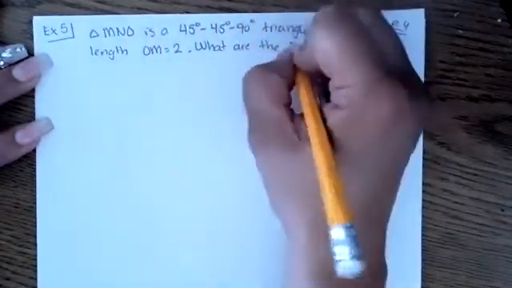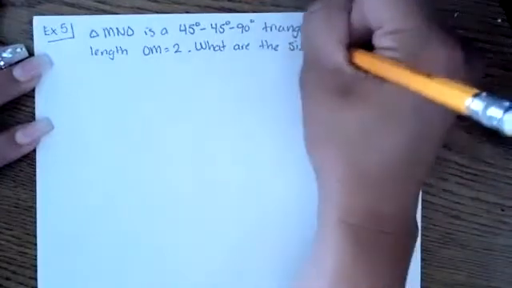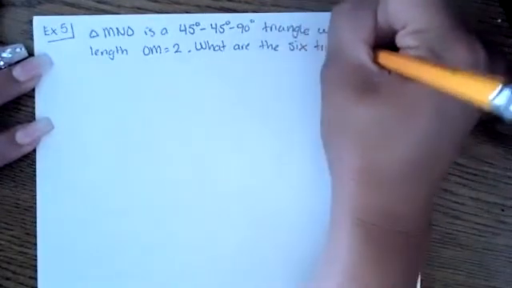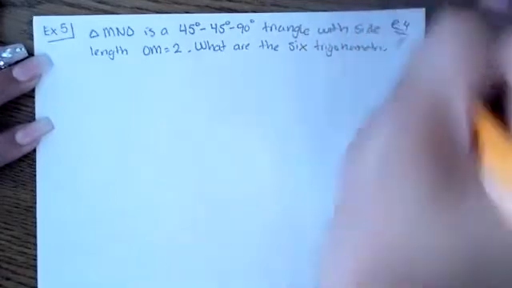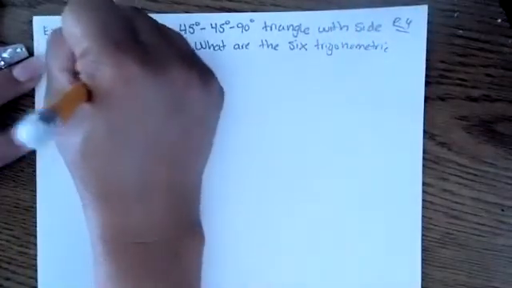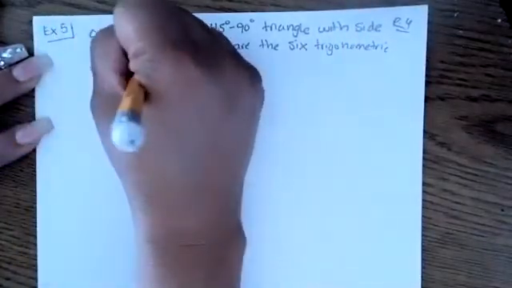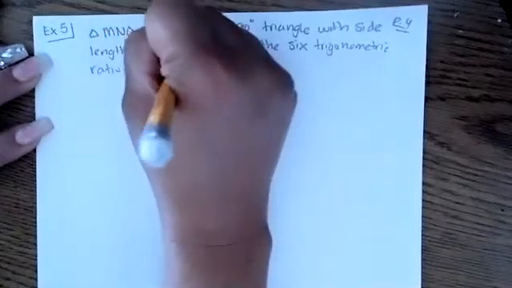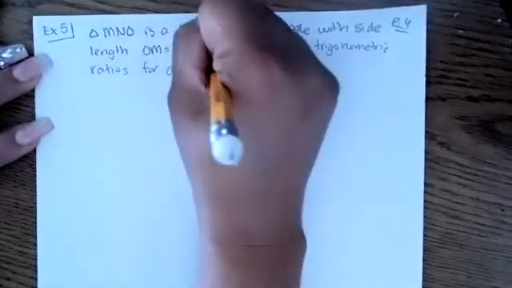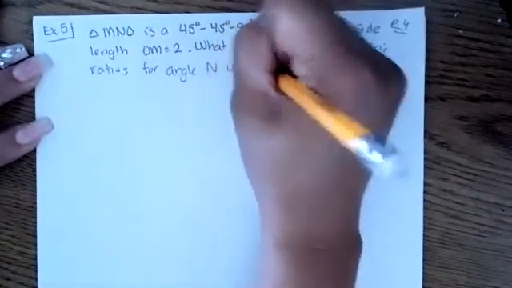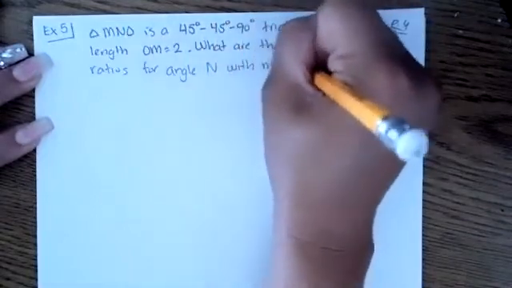What are the 6 trigonometric ratios for angle N with measure theta?